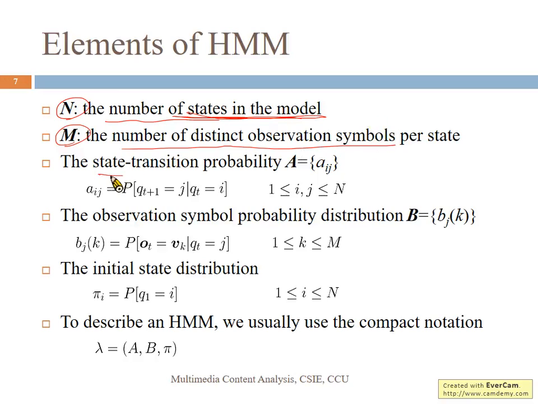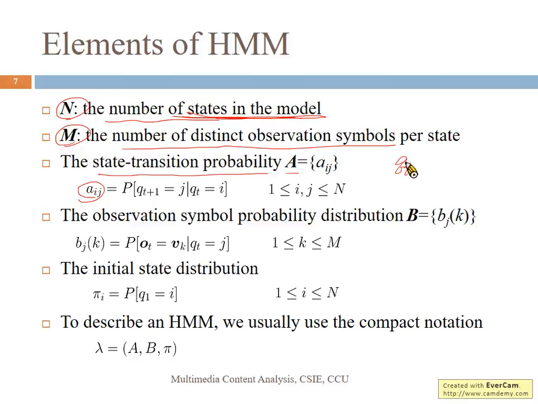And then we have to define the state transition probability A. The state transition probability Aij is the probability of, where Qt is the state at time instant t.